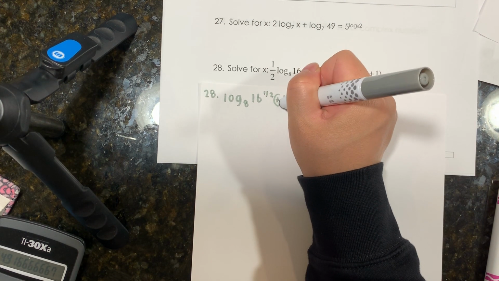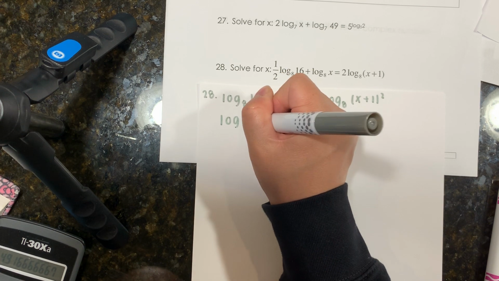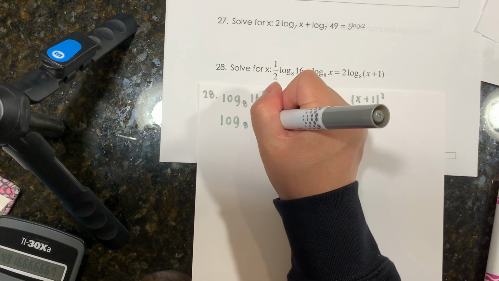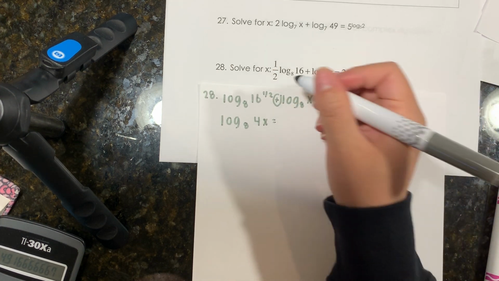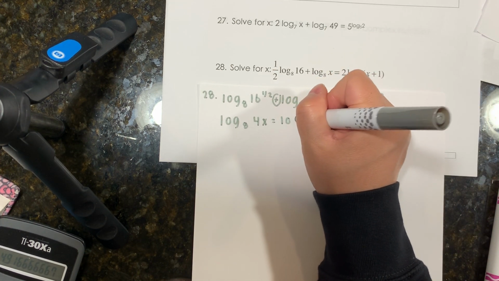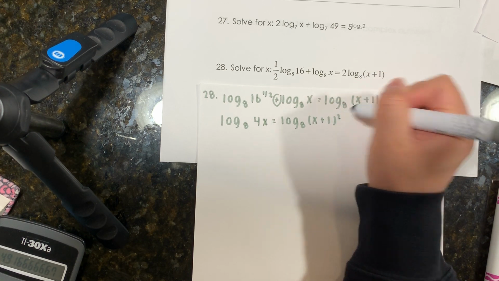I need to combine the left side with the plus sign, so that means we multiply. And I actually know the square root of 16 is equal to 4, so that would be 4 times x is equal to log base 8 of x plus 1 squared.